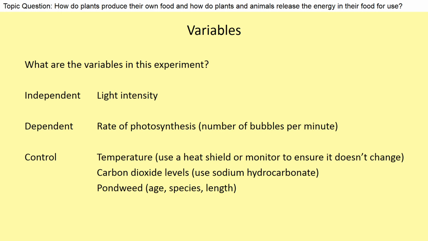And then we would use the same piece of pondweed each time, because then we could make sure it was the same age and species and length, that would help control the chlorophyll, which we know is one of the other limiting factors. So whenever we carry out a photosynthesis experiment, we need to control the other limiting factors while we investigate the single limiting factor that we're interested in.